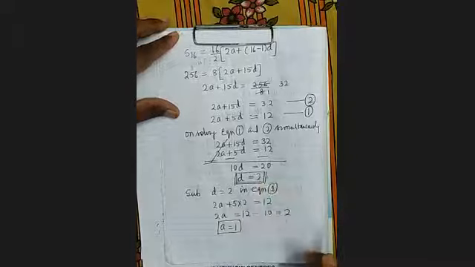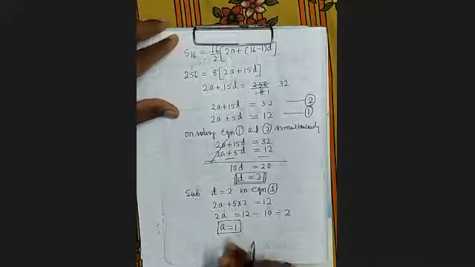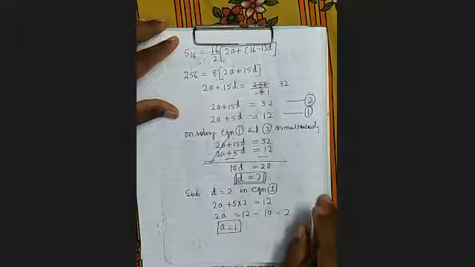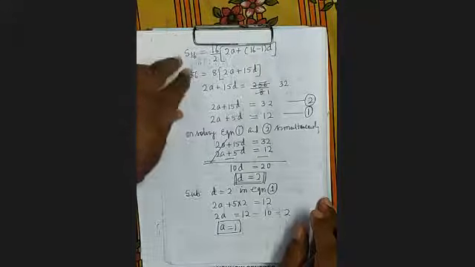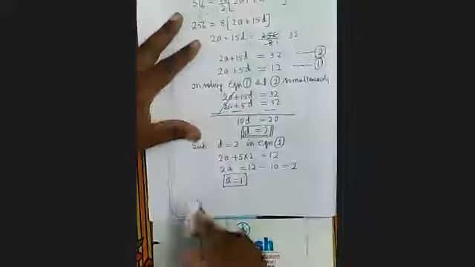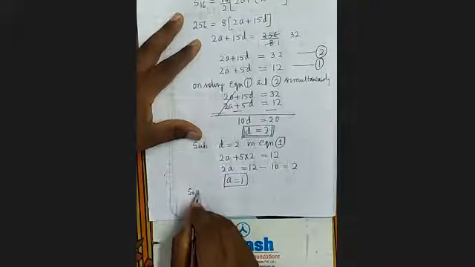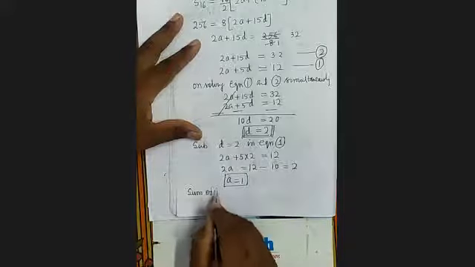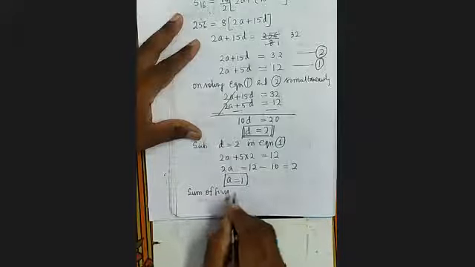It is clear? Yes. Now you have found a equals 1 and d equals 2. Now you have to find the sum of 10 terms. So what will be the sum of first 10 terms?